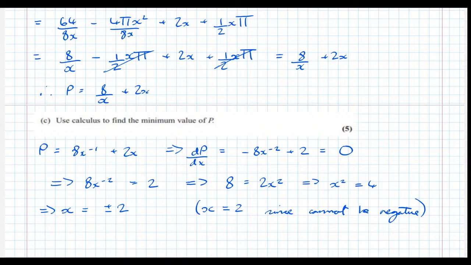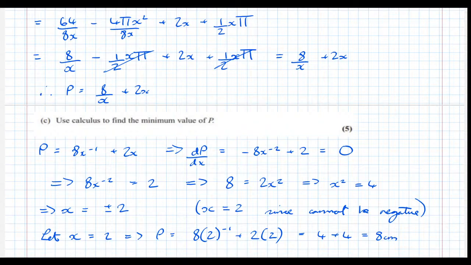So now I've found the value of x that gives that particular value of P. Let x equal 2, which means that P is 8 lots of 2 to the minus 1 plus 2 lots of 2 equals 4 plus 4, which is 8 centimetres.